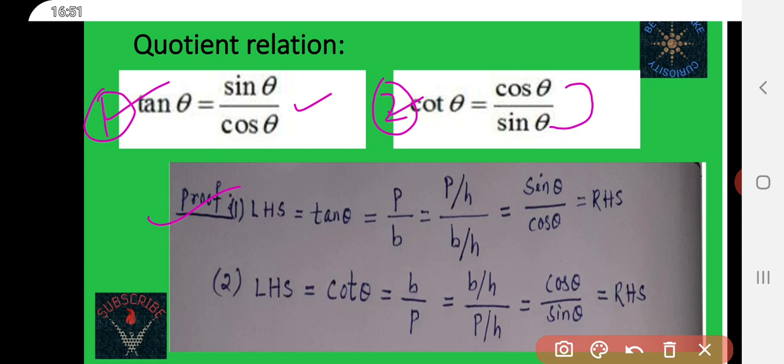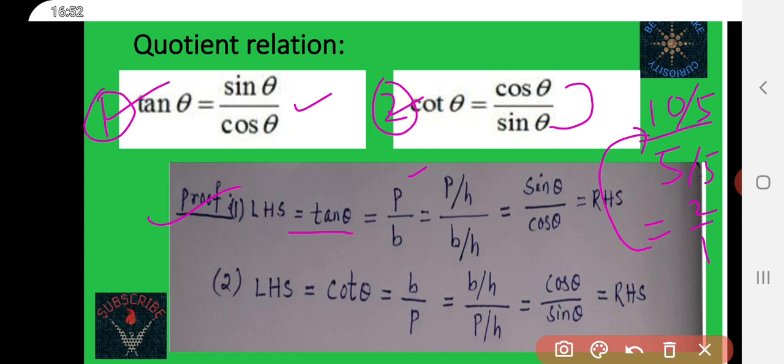So proof: LHS, you take tan theta, and you know tan theta is equal to P by B. Now you know that 10 by 5, if you divide by 5 in numerator as well as denominator, the fraction does not change, that is 2 by 1. This 2 by 1 is equal to 10 by 5.